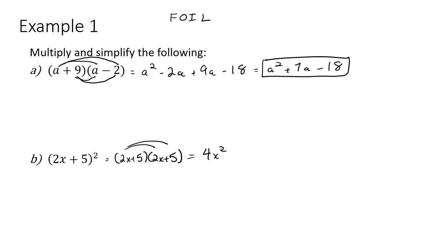Multiply the x's together to get x squared. And then we would have 2x times the 5, which would give us a plus 10x. Then we're going to distribute the 5 through both parts. So 5 times 2x would give us another 10x. And 5 times 5 would give us 25. And then once again, we can combine the 2 terms in the middle, because 10x plus 10x would give us 20x.